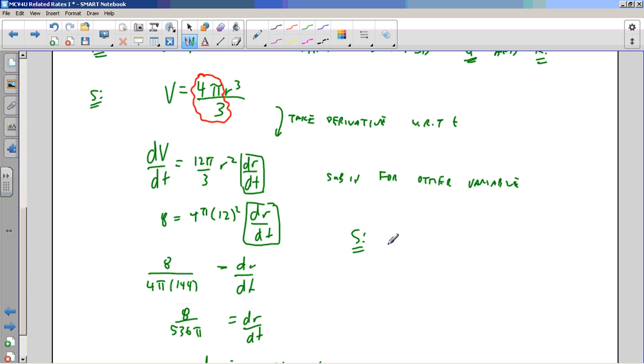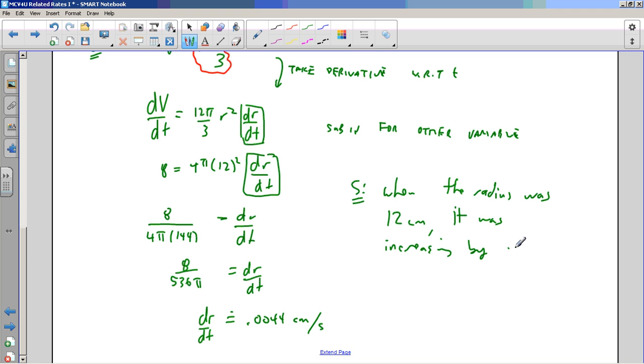So when, I don't know what the time was. I don't know how many seconds had gone by or anything like that, but I know when the radius was 12 centimeters, it was increasing by 0.0044 centimeters per second. That's a related rate.